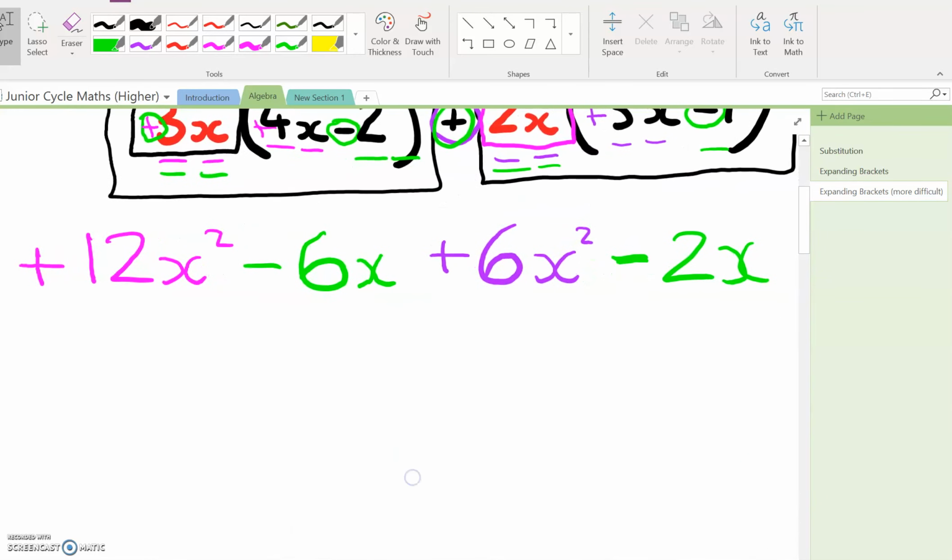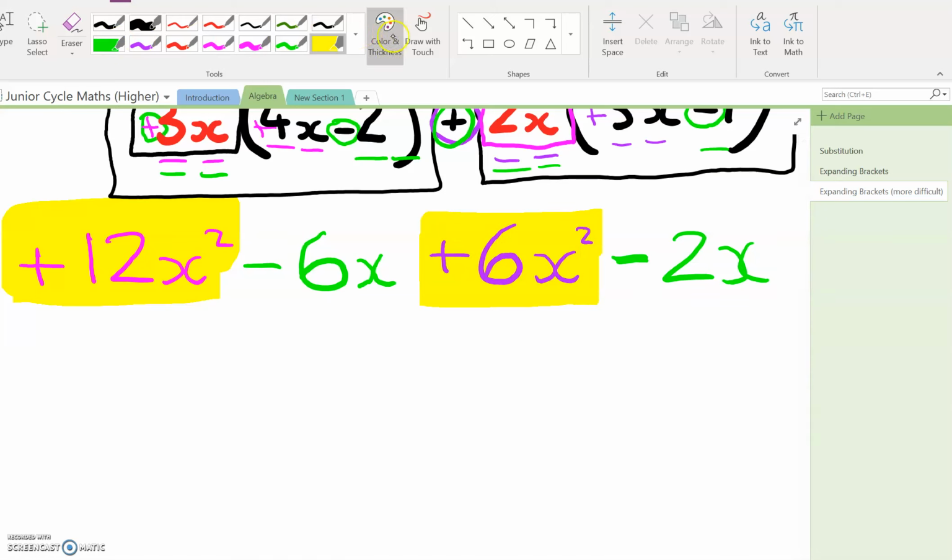Yeah, it's putting together the terms that are the same. So we have an x squared term there. It has an x squared in it. Are there any other terms with x squared in it? Is this with x squared? No. Aha, but this one is. So we can put those two terms together in a moment. We can add them together.